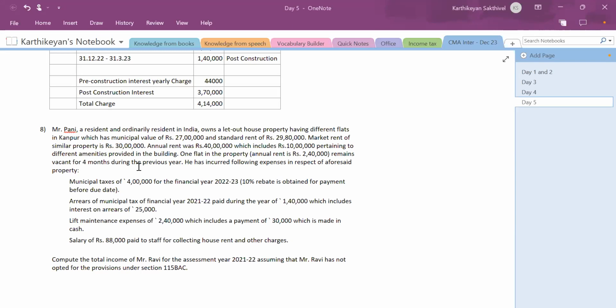Salary of rupees 88,000 paid to staff for collecting house rent and other charges. Compute total income of Mr. Ravi for assessment year 21 to 22, assuming that Mr. Ravi has not opted for the provision under section 115 BAC.